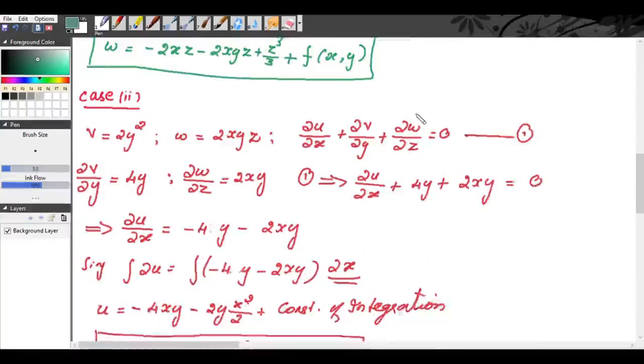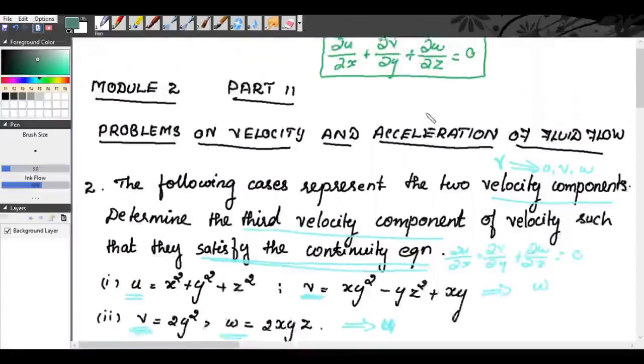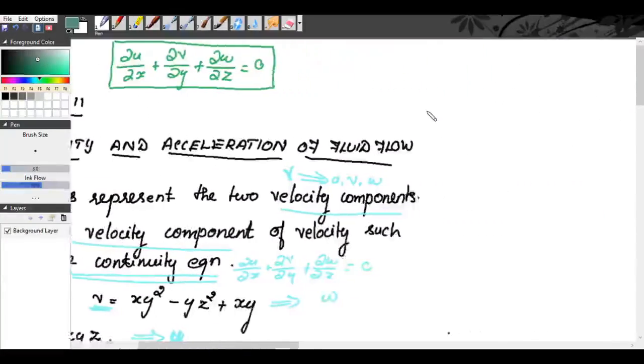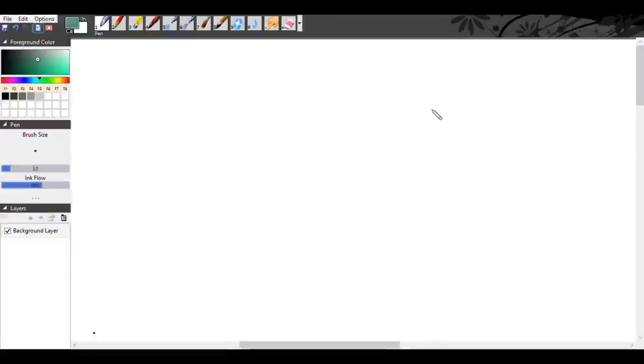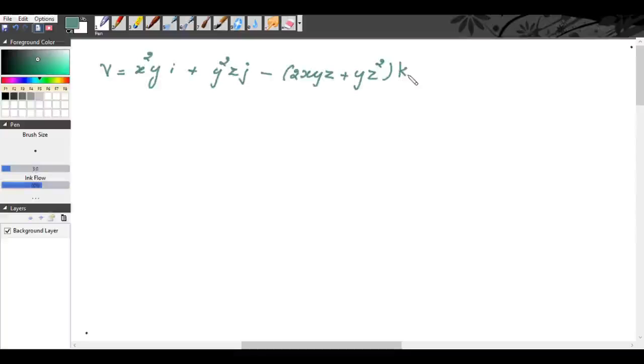Okay. So now, it is given V is equal to x square y into i vector plus y square z into j vector minus 2xyz plus yz square into k vector.